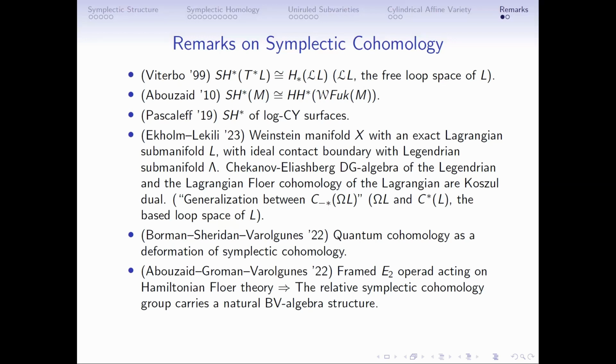And the last part, for someone who likes operads, though I don't know what that means: Borman, Sheridan and Varolgunes recently showed that they construct some framed little disks operad acting on Hamiltonian Floer theory, and show that relative symplectic cohomology carries a natural Batalin-Vilkovisky algebra structure.